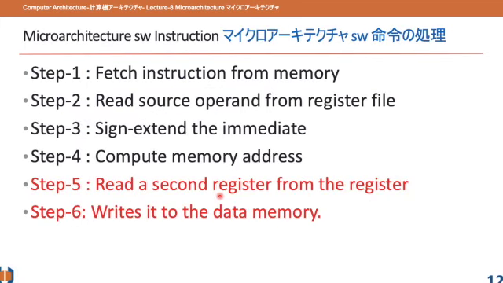Steps 1 to 4 are the same as the load word instruction: fetch the instruction from memory, read the source operand from the register file, sign extend the immediate, compute the memory address. And now, instead of writing the value to the register, it reads a second register from the register file and writes it to the data memory.